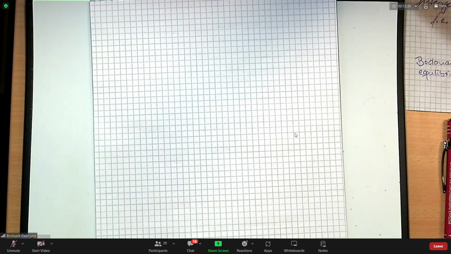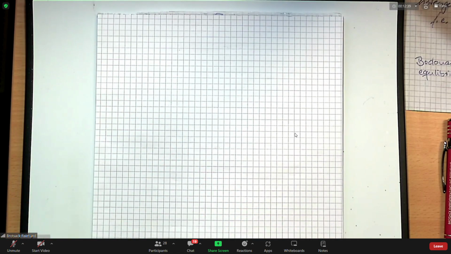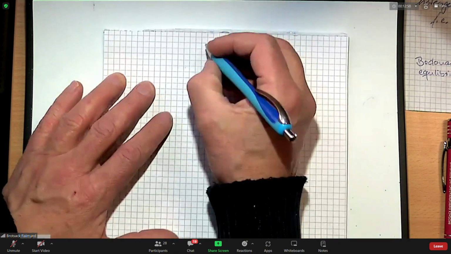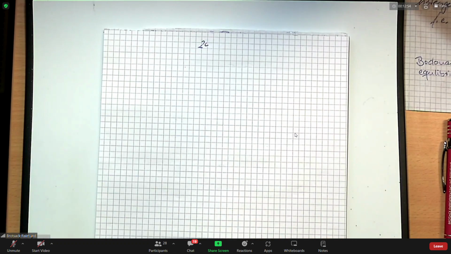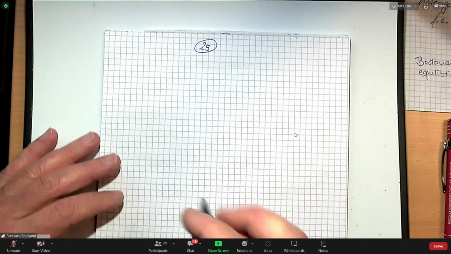Well, there are a few more examples. Maybe some of you already heard about the so-called Boudouard equilibrium.